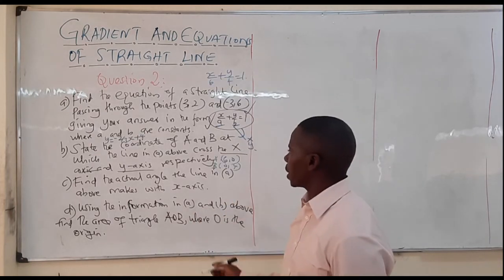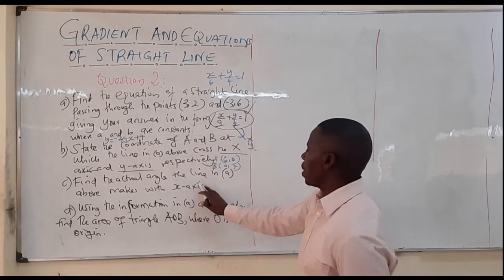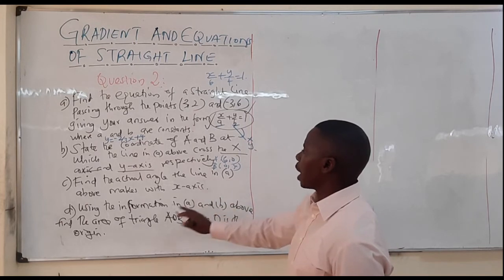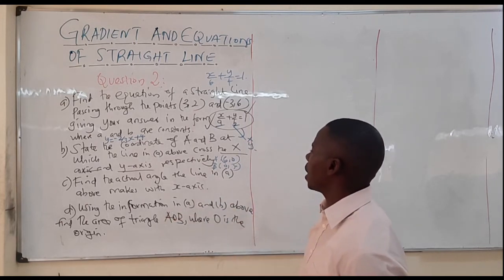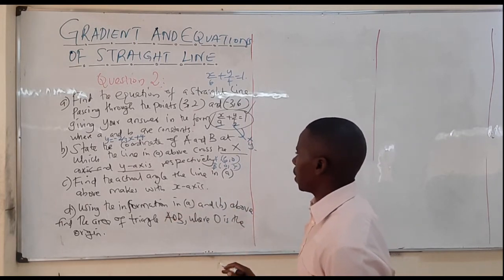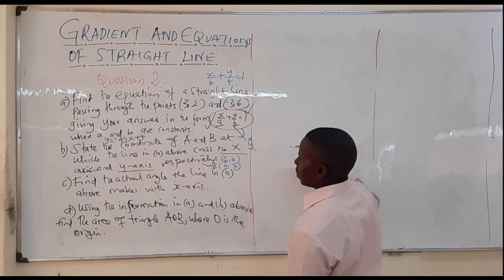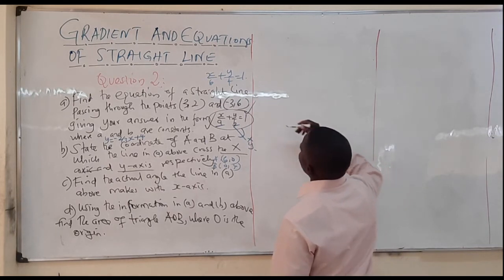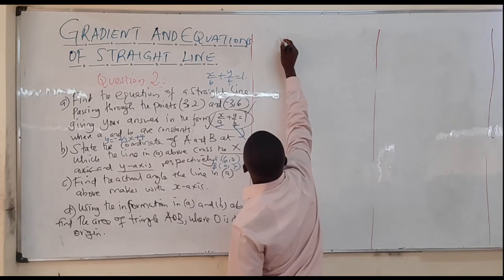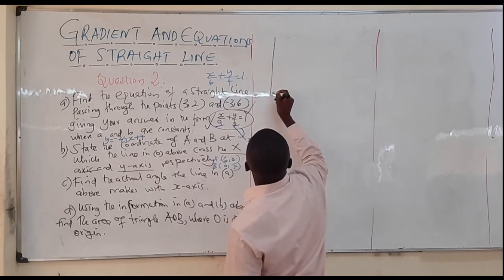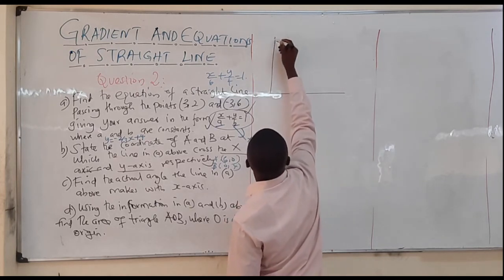Part C of the question says, find the acute angle the line in A above makes with the x-axis. Let me sketch the points.